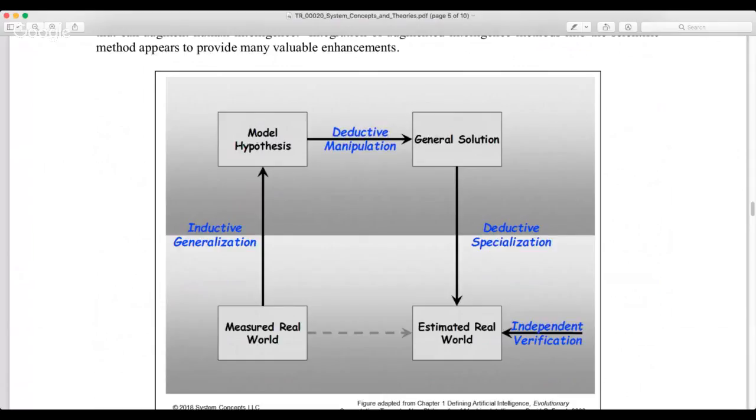And then deductive or specialization process in the real world, there's a matching between the formalized process here and the real world, and that needs to have human observation.